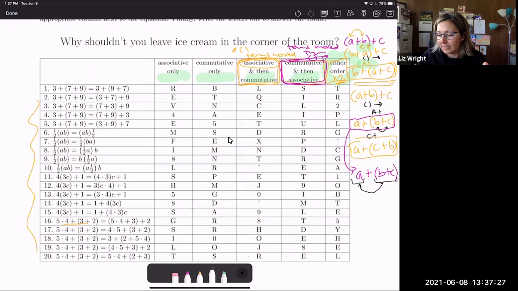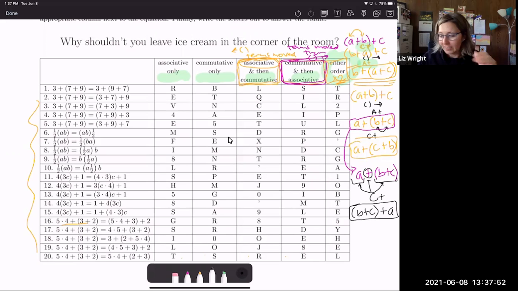That's crazy, but that's what we're doing. We're taking that entire quantity and moving it to the front. It's still commutative of addition, because the operation it's moving across is that addition sign. So we're going to do B plus C plus A, and that would be your final answer.